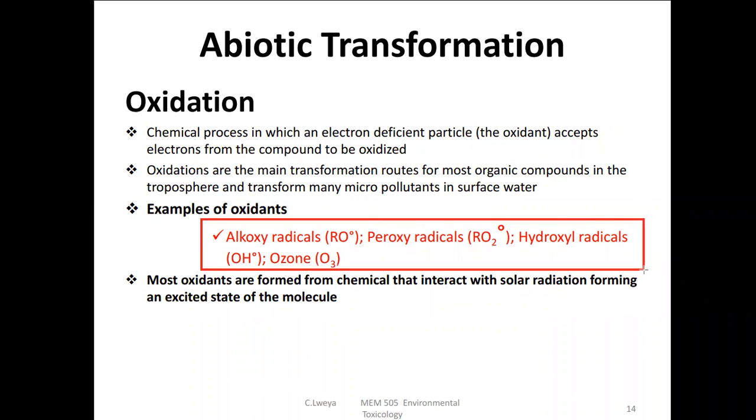Number one is what we call alkyl radicals. An alkyl radical just brings us back to what we were just talking about. R represents a chain. In organic chemistry, R represents a very long chain of carbon and hydrogen.